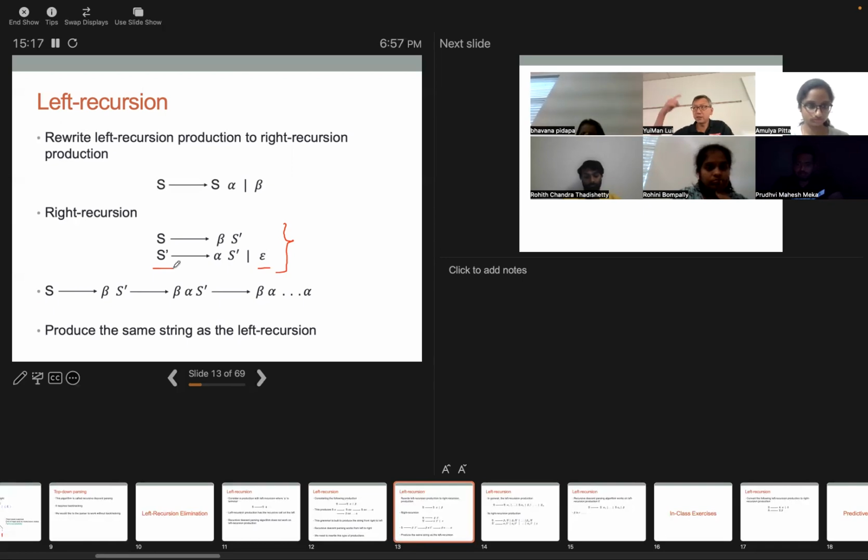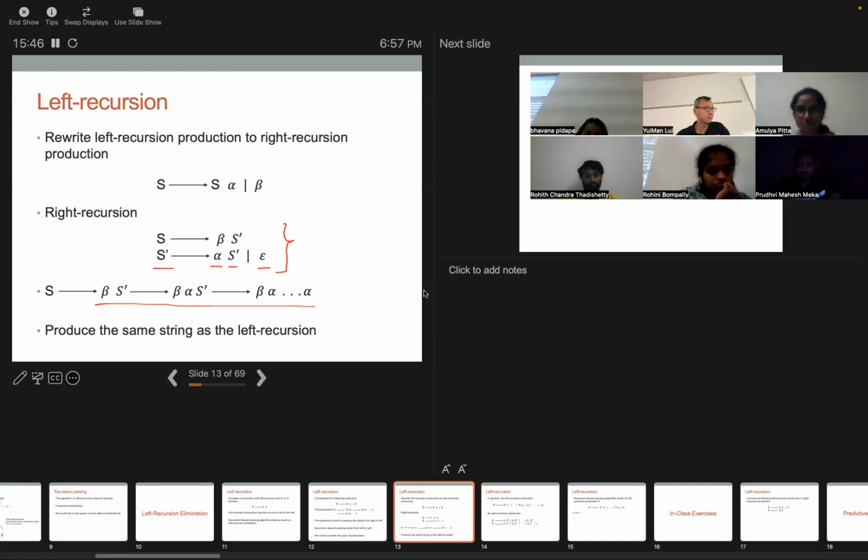Or what language does it generate? Beta followed by any number of alpha. S prime can go to alpha followed by a recursive call S prime again. It can be epsilon or can be alpha. So that means it's generating beta followed by any number of alpha. Same language.